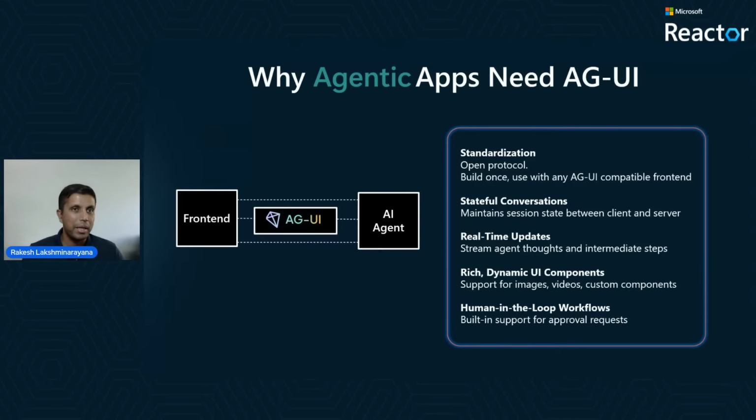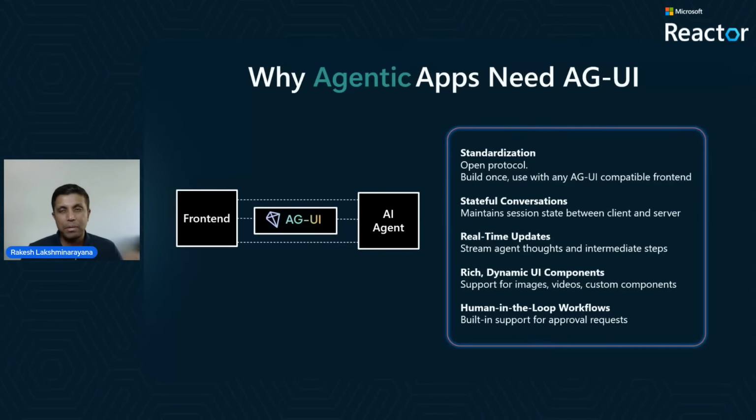So we saw that in the demo when the user asked for flight recommendations, the results were actually displayed in a rich card format and not as plain text. And when we wanted to book a flight, the user was presented with approval options in the UI to approve or deny the booking.